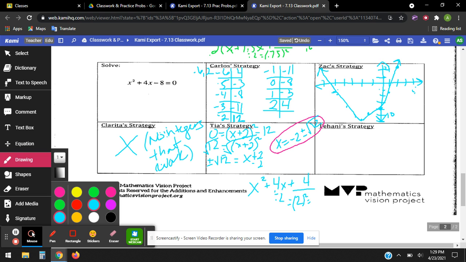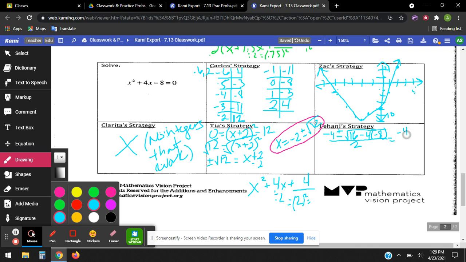Okay. And the quadratic formula. Negative b, negative 4, plus or minus the square root of 4 squared, which is 16, minus 4 times a, which is 1, times negative 8, which is c, divided by 2 times a, which is 2. Okay, I messed that up last time.